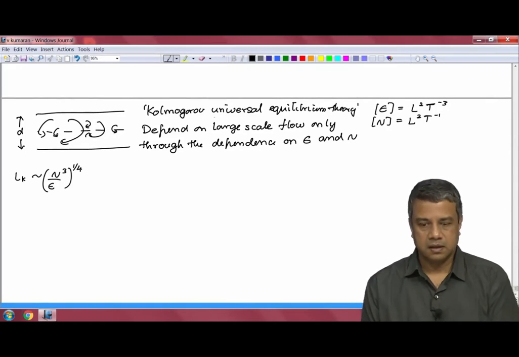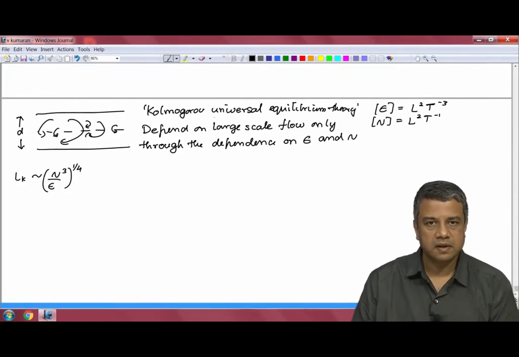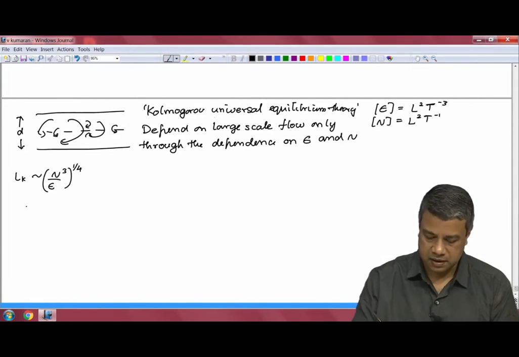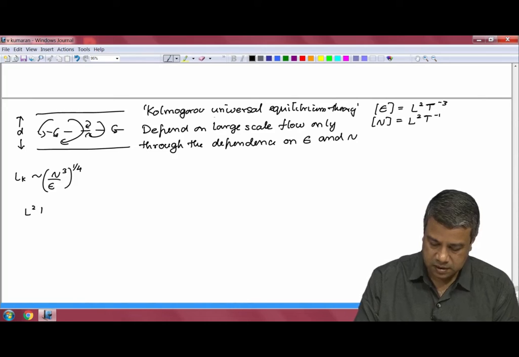You can easily verify that the right side has dimension of length. Nu, the kinematic viscosity, is length square T inverse, whole cubed by length square T power minus 3.